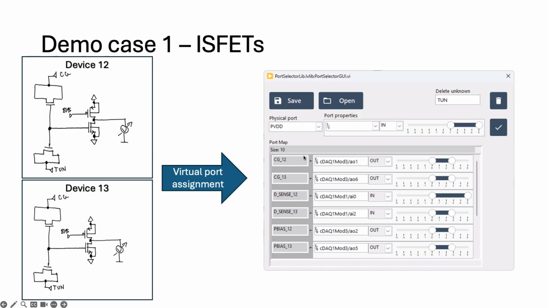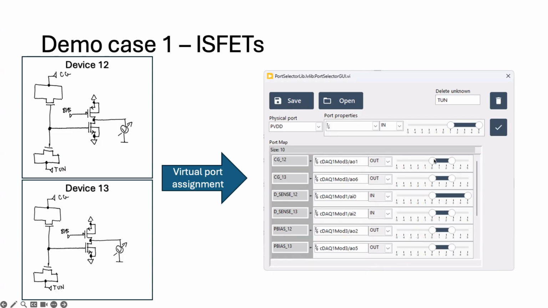So here you can see that these port names, CG12, CG13, D-Sense, P-bias, and so on, are assigned to actual physical ports. This should be done only once, because when you are using the daughter boards, those are already predefined. Okay, so you can take this as a given.